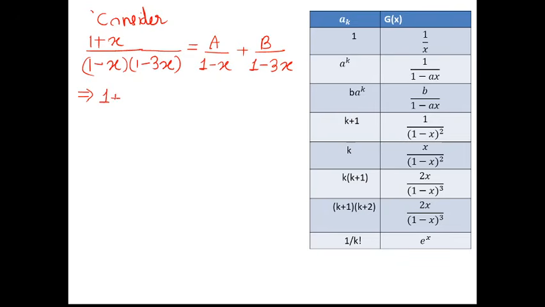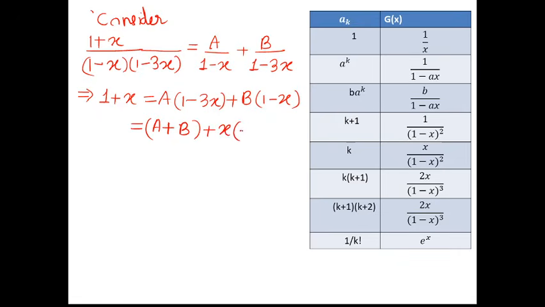So we have 1 plus x equal to, simply cross multiply, a into 1 minus 3x plus b into 1 minus x. Collecting the like powers of x, the constant term is a plus b, and then with x common, what is left is minus 3a minus b.